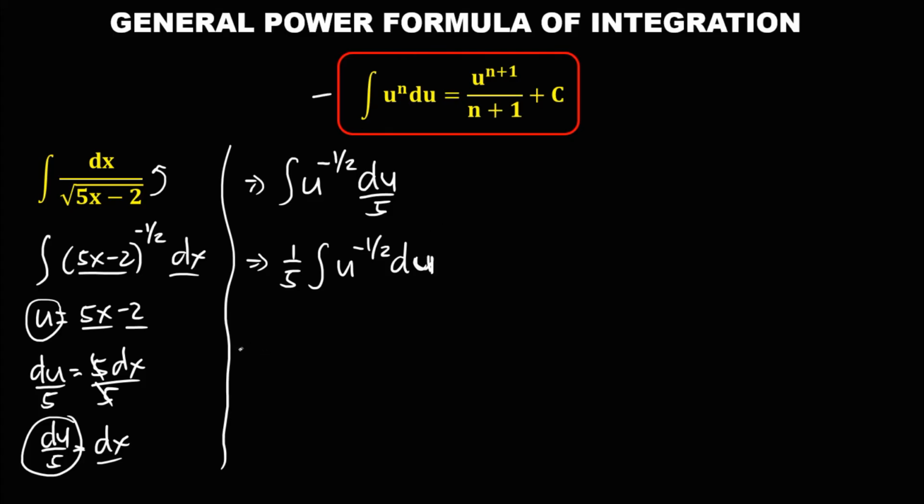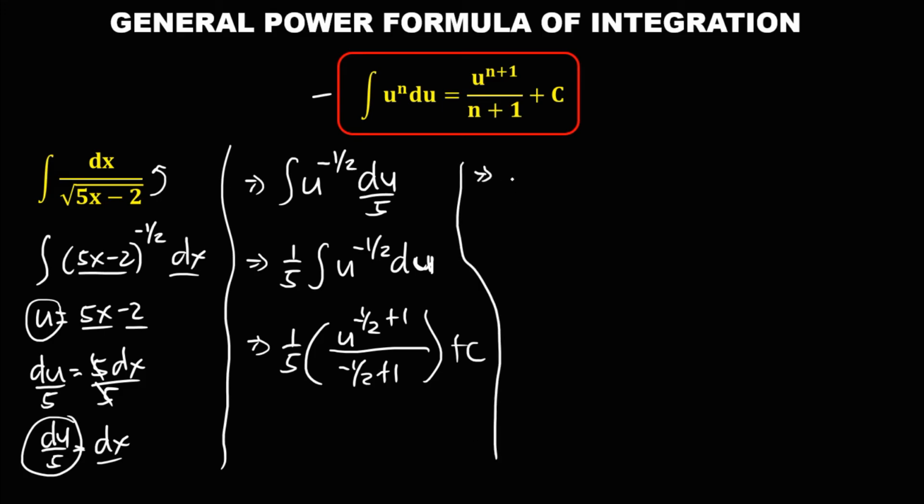And from this formula, we have 1 over 5 times u to the power negative 1 half plus 1 over negative 1 half plus 1, then plus c. Then to simplify, this is 1 over 5 times u to the power negative 1 half plus 1, that's positive 1 half, over positive 1 half, then plus c.